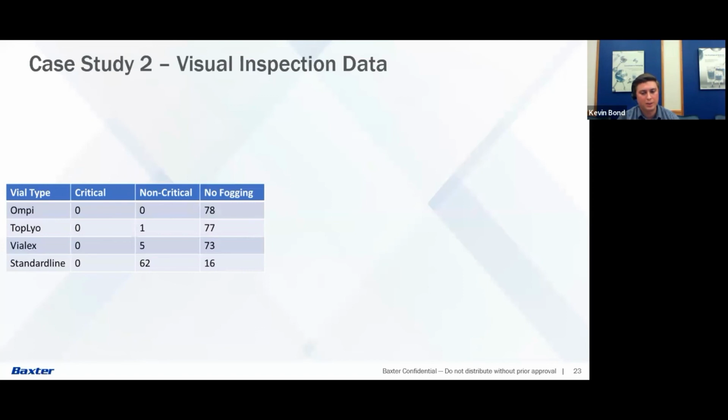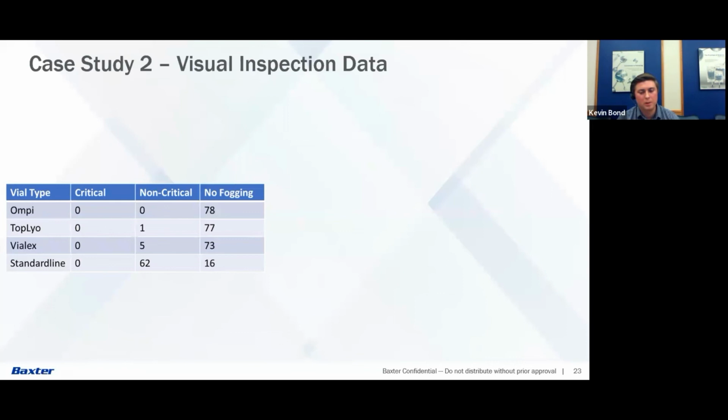So at a first glance, one can see that fogging was really only prevalent in that standard line vial, and the other 3 vials were primarily fogging free.